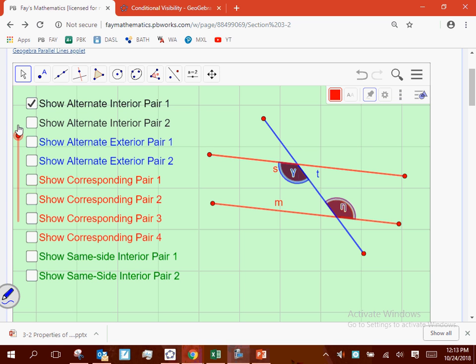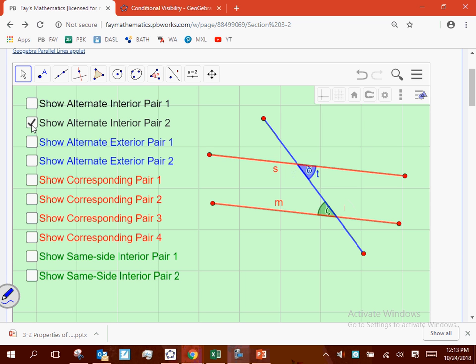What would you say about alternate interior angles here? They're going to be what to one another? They're congruent. Okay? Now that only works if the lines that we start off with, these two red lines, are parallel. If they're non-parallel, those relationships do not exist.